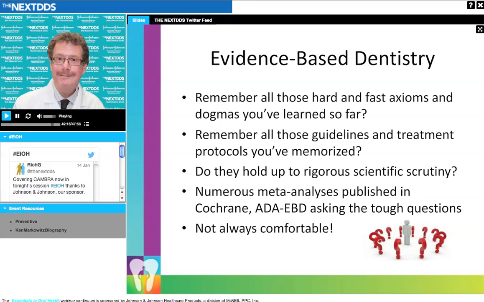Okay, so hard and fast axiom, dogma you've learned. Also, anecdotal evidence. You see an ad for a zirconium crown in the dental journal. You ask one of your professors and they say, oh, I did one once and it broke. That's important. That's valid.